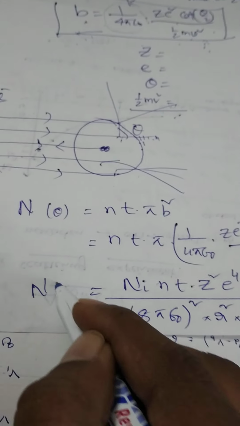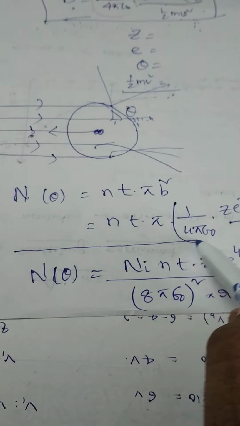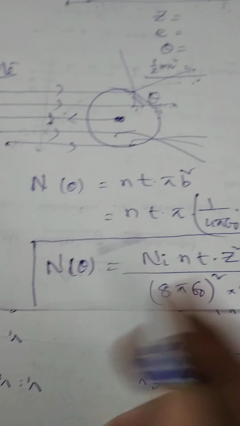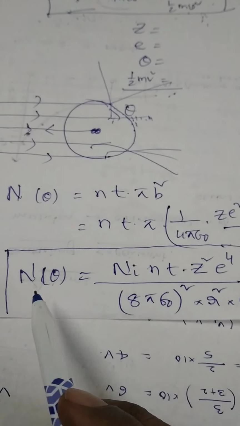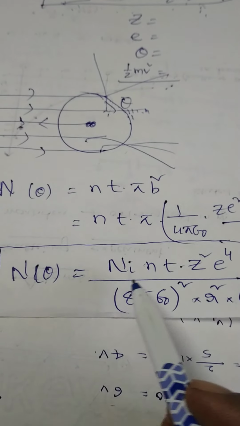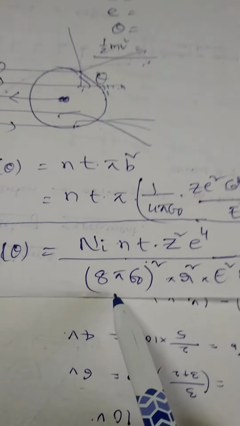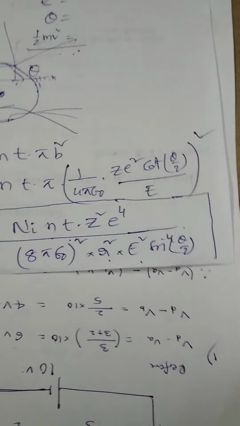This is the formula for the number of alpha particles scattered at an angle theta. This is one very important relation, and the derivation for this formula is also not needed for us. Keep in memory the value of N.